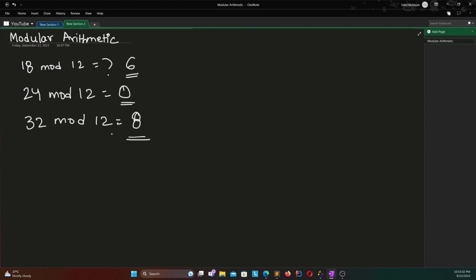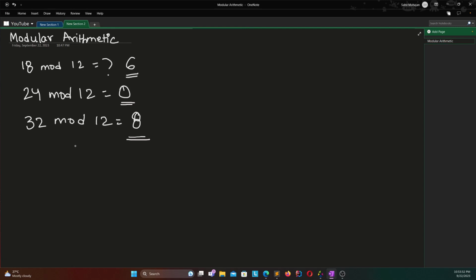If you do not have one, you can use the calculator on your mobile phone, or go onto Google and pick up any scientific calculator that is available. So that is it when it comes to normal modular arithmetic.